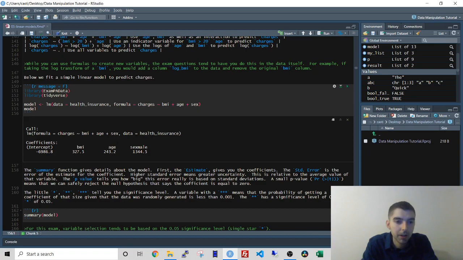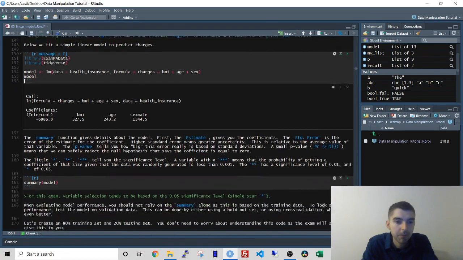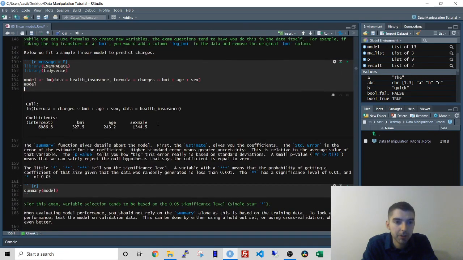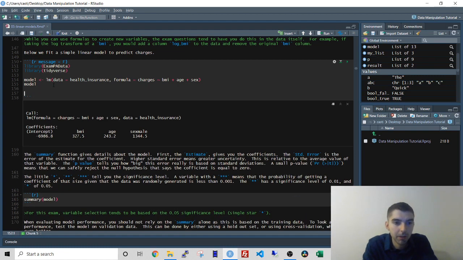So this gives me a recipe. It tells me how I could make a prediction from the model. If I had someone whose age was equal to 10, whose BMI was equal to 4, their prediction would be 10 times 243 plus BMI equal to 4 times 327.